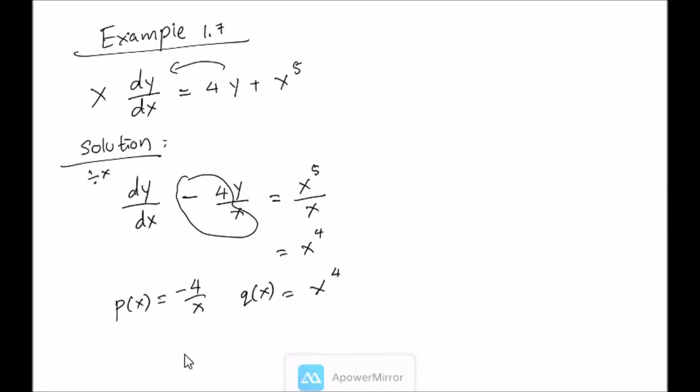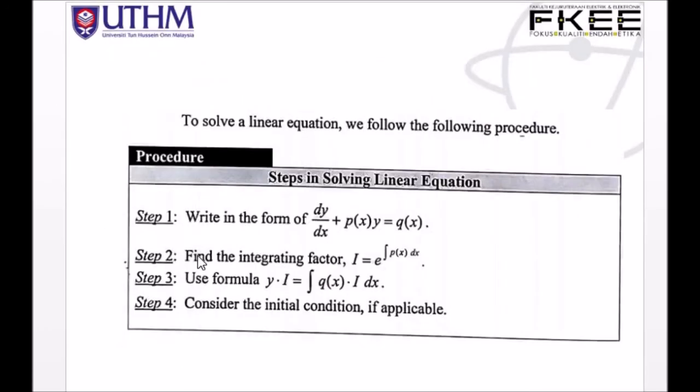So now you can proceed with the second step: find the integrating factor I equal to exponent of the integral of P(x) dx.